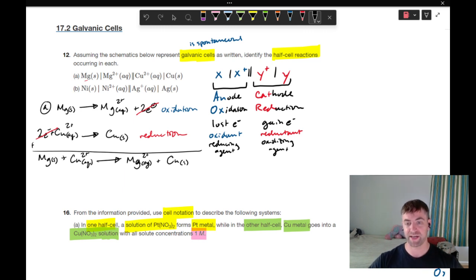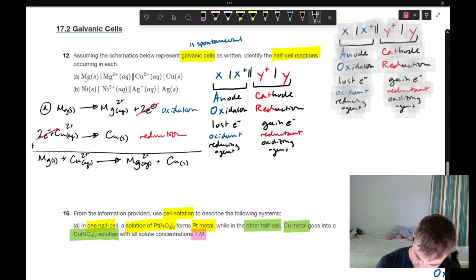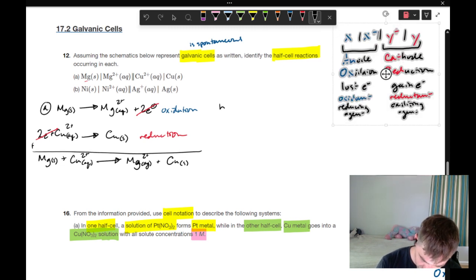Your charges need to balance out and your electrons need to cancel out. So there will be cases where you need to do some additional stoichiometry here. Move that out of the way. We'll do B right here.